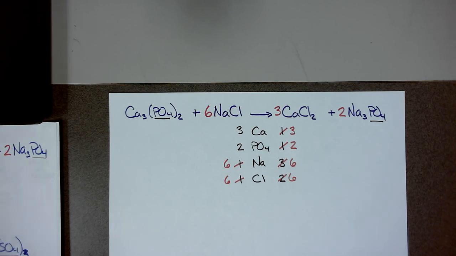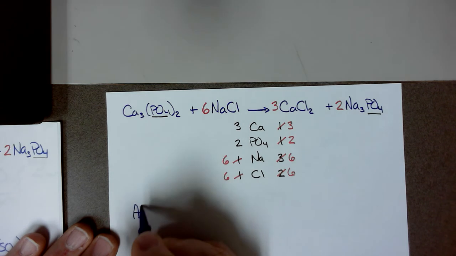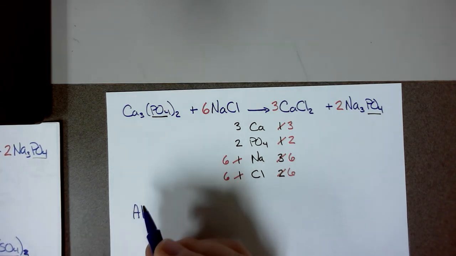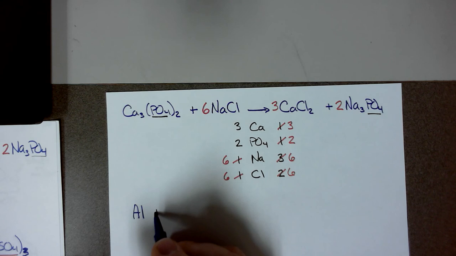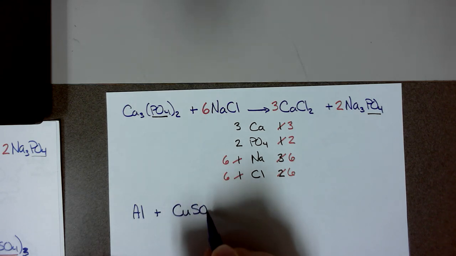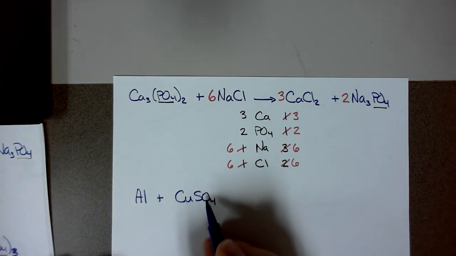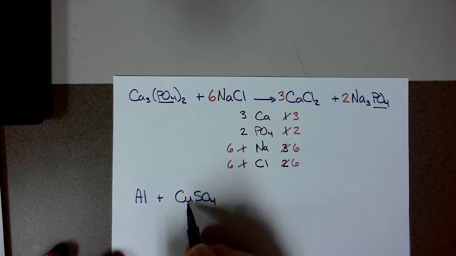And so let's look at an example here where we have aluminum plus copper 2 sulfate. And the reason I say that is because there's a copper, sulfate is a 2 minus, copper is a 2 plus, so it's a 1-to-1 ratio.